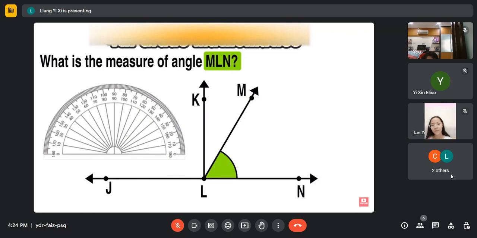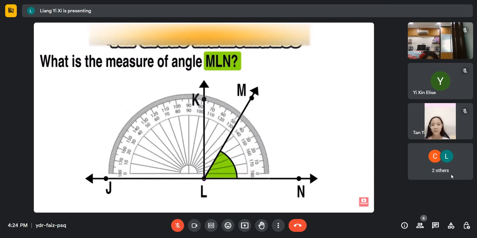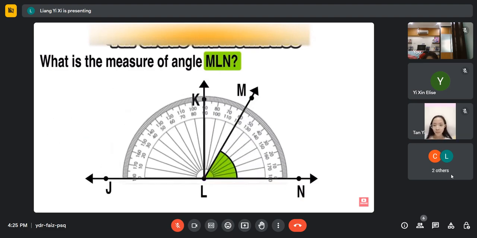We take our protractor and we see that it has a center marker, and we are going to align it with the point that is the vertex of the angle that we want to measure, in this case, point L. We also want the flat horizontal portion of the protractor perfectly aligned with the bottom ray that makes up our angle.